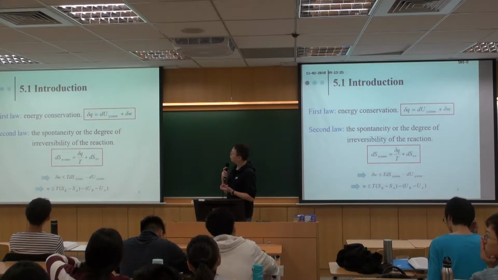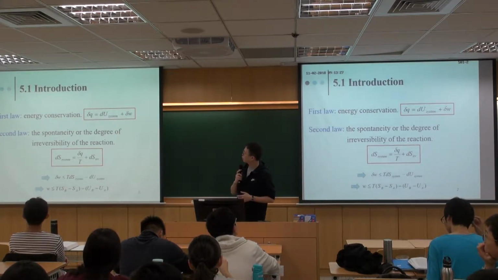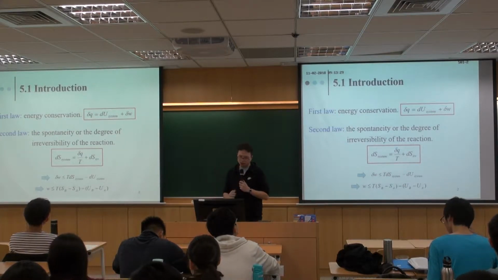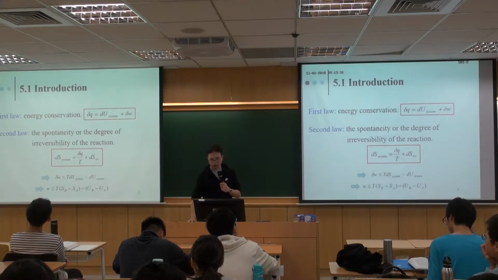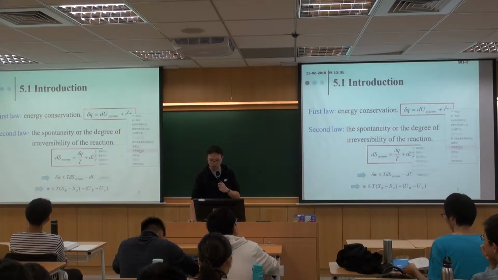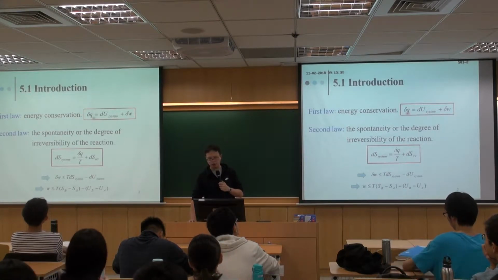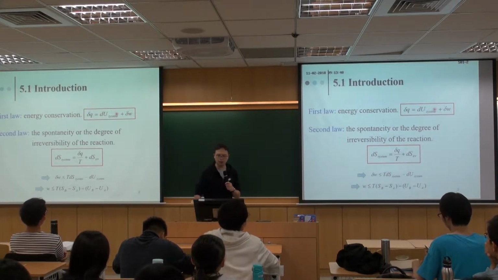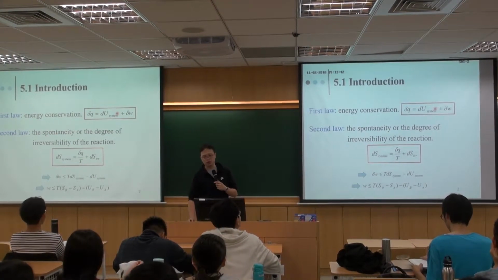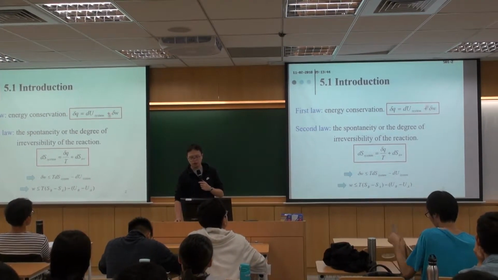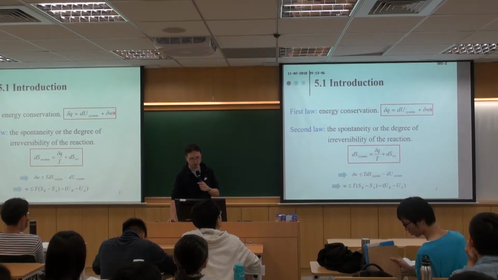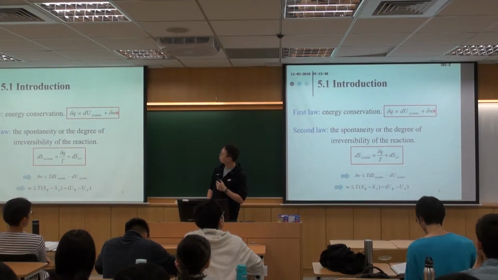So basically, for energy conservation, we already know that the change of heat is the change of internal energy of the system, and the change of work, or the work done by the system. That is from the first law.